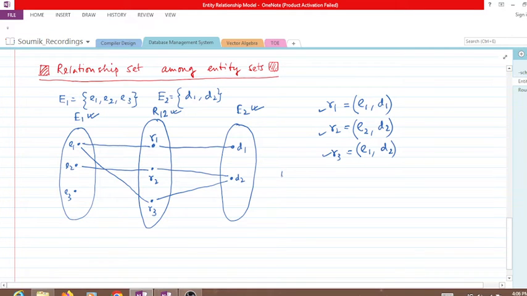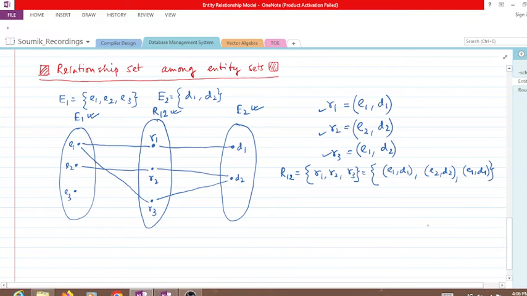So I can write R12 in this way also. It contains R1, R2, R3. So this is essentially a set, where R1 is E1 comma D1, R2 is E2 comma D2 and R3 is E1 comma D2.